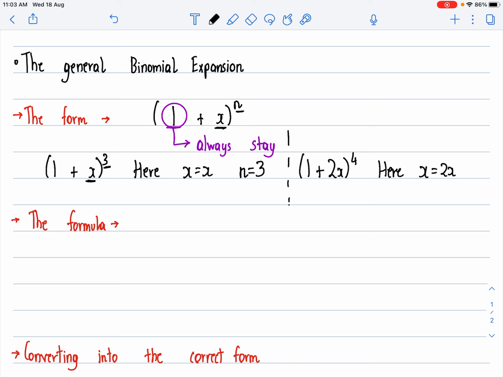And the n which you have is equal to 4. This is what you need to know. It's basic substitution. Here you had x, now you have 2x, so your full x becomes 2x. Okay, simple.